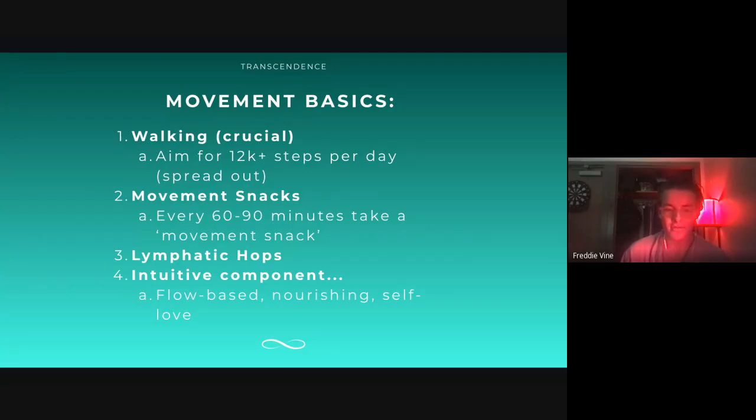So what I think is so useful is just in the back of your head having this idea of movement snacks, right? It can even be every 2 hours, but the principle is, okay, I've been sat down for a while. Let me just take 3 minutes to have a movement snack, whether it's, and we'll talk about what that can specifically look like, but for me, it will be do some lymphatic hops, which we'll talk about in a second, or do some basic stretching.